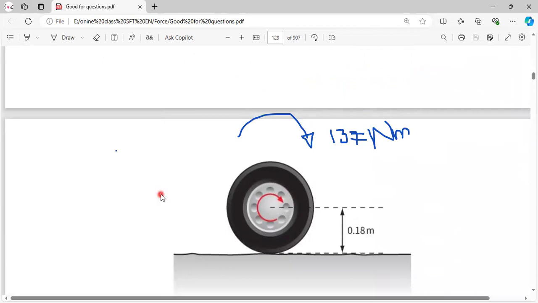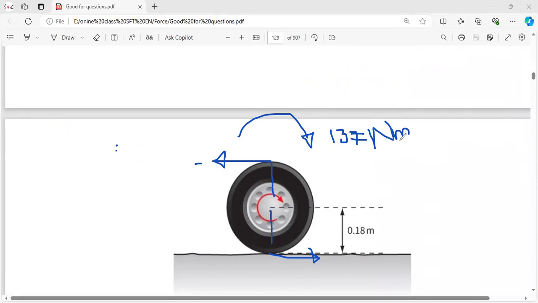If I apply the theory of torque, this is also a couple, right? Then what is the equation? There is one force here and another force here, with the same magnitude, different directions, and a similar distance, right?